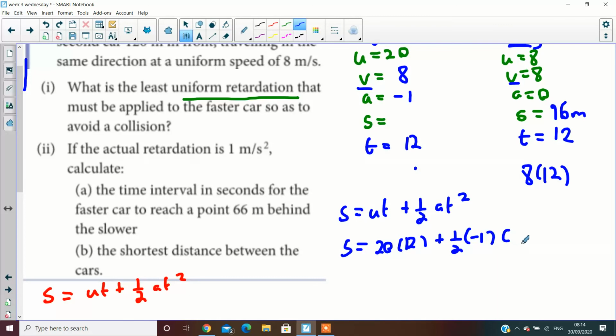Anybody got the answer for this? That'd be good. Save me a bit of time. 240 take away 72. 168. Is it 168? Somebody just double check that for me.